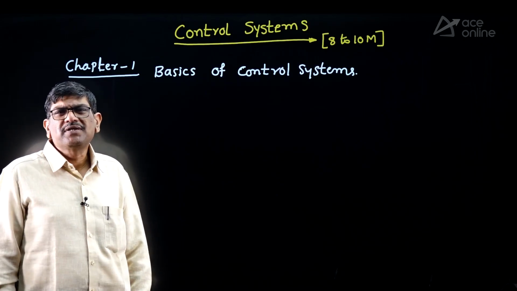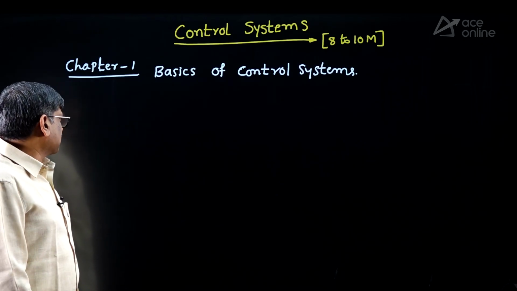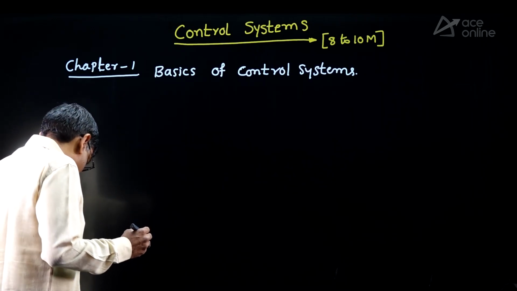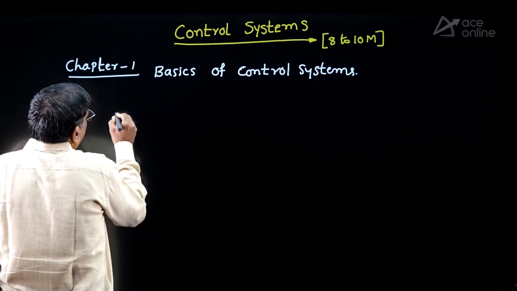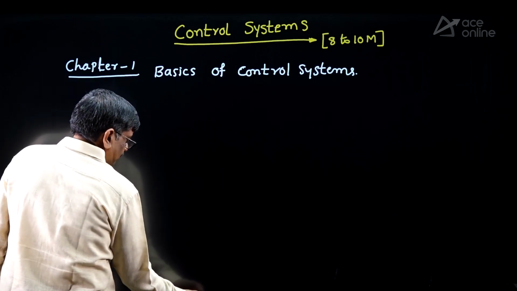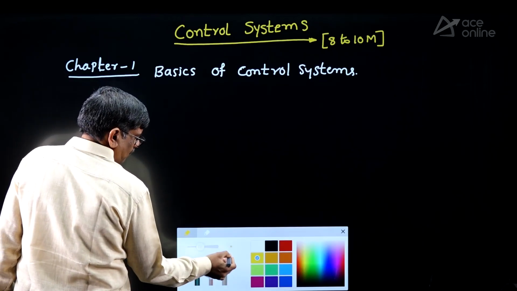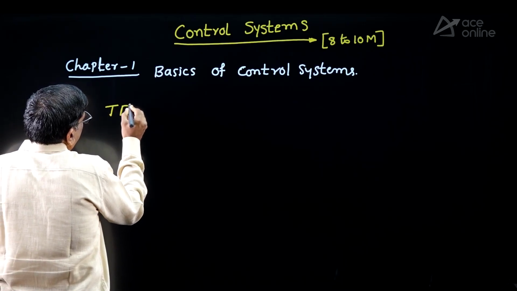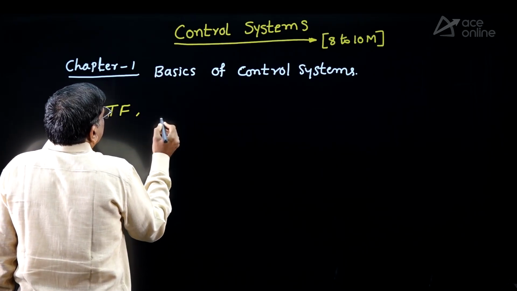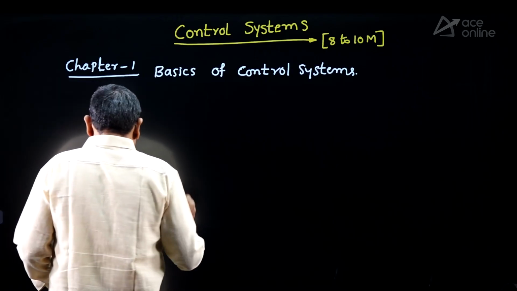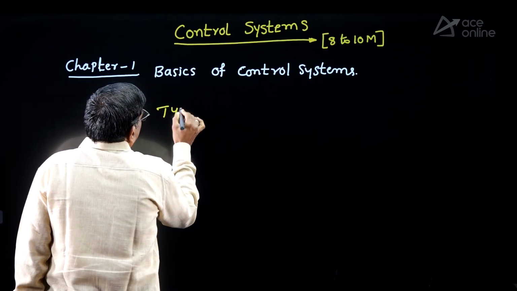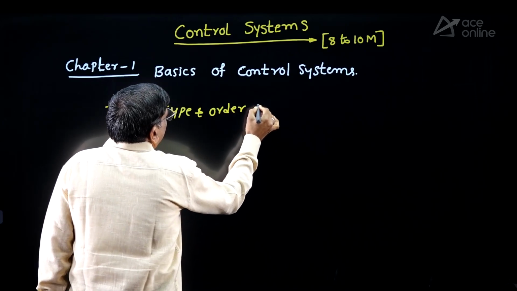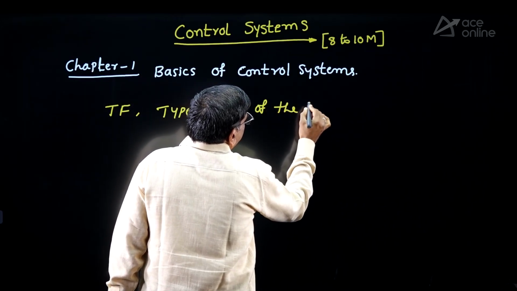So, main important topics. First one, basics of control systems. In the first chapter, mainly you have to concentrate on: first one is transfer function. Second one is type and order of the system.